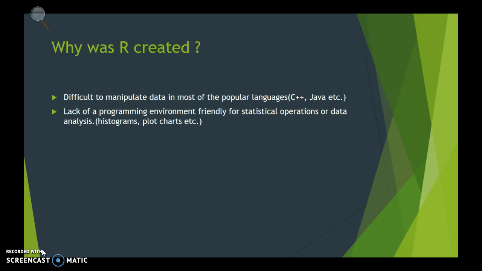Why was R actually created? I guess the answer is kind of obvious. We know how painful it is to manipulate data from a file or from some sort of database in the more traditional languages. How many lines of code should we write to parse a CSV file?